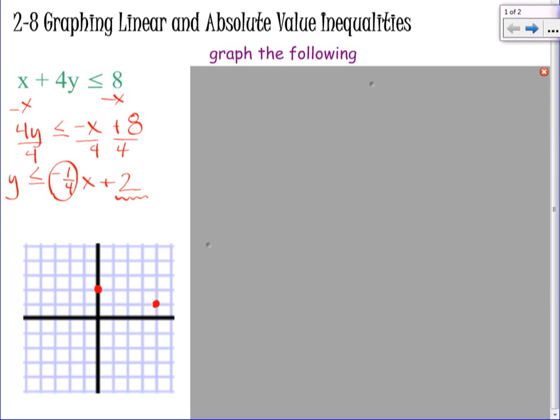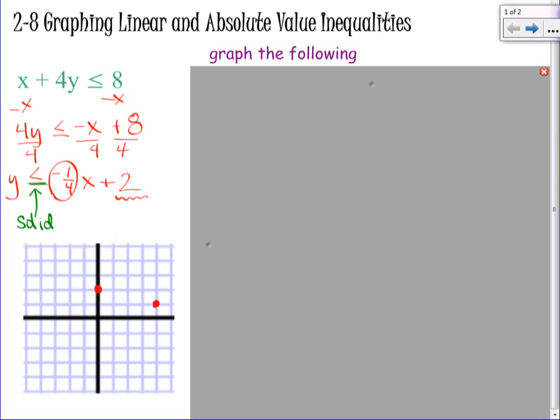Now, we have a few things to think about. With this symbol right here, there's 2 things we know about it. Is it going to be a solid line or a dotted line, do you think? Why? It's going to be a solid line because it's or equal to. So let's write solid line. Okay, and then we have to figure out which way we're going to shade. Are we going to shade above or below the line?